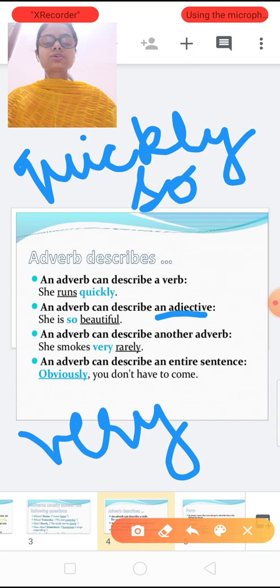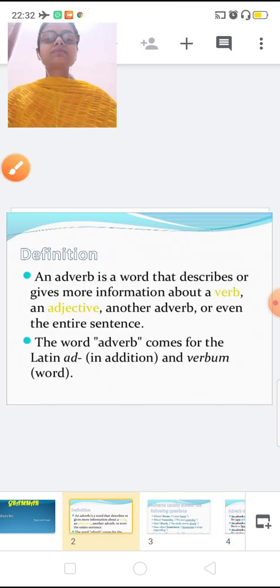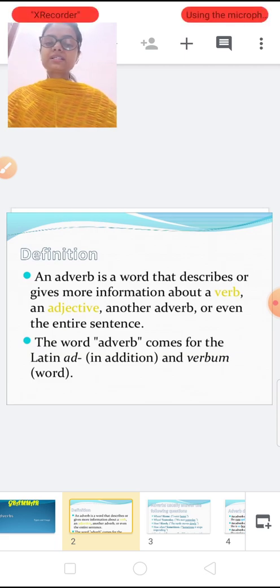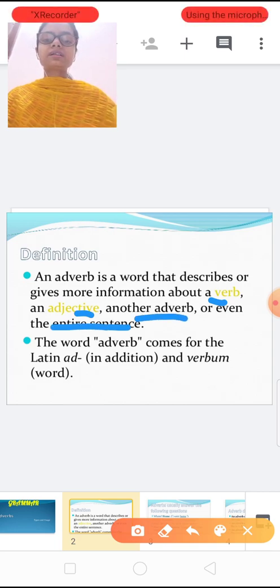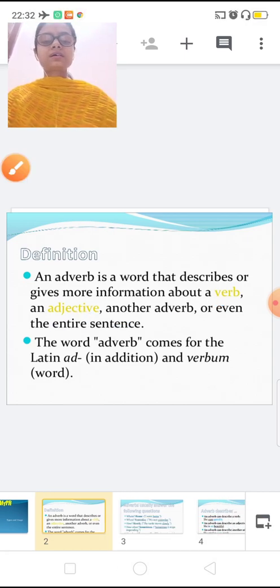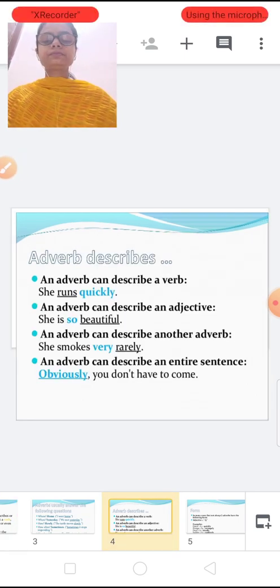Okay, students? So, let's see the definition again. As it is written in the definition, an adverb is a word that describes the verb, adjective, another adverb, even the entire sentence. And the sentence examples are here.